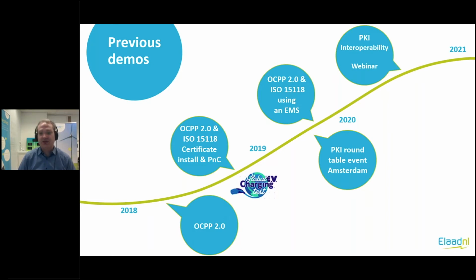A month later, I think, we introduced an energy management system with the ISO 15118 standard and OCPP 2.0. And here we are a little bit less than a year later, and now we have taken up the challenge with another new thing, and that is to have more than one PKI and have a look at interoperability between PKIs. So that's for today.